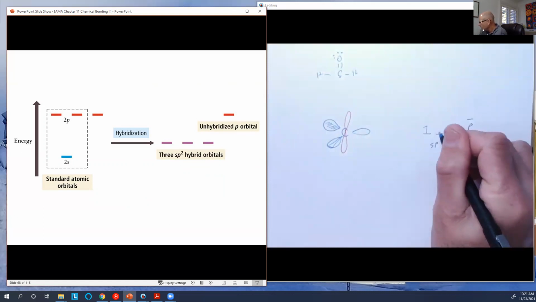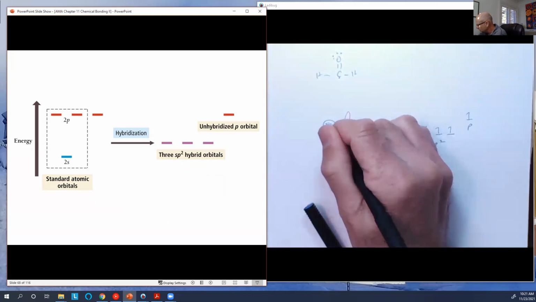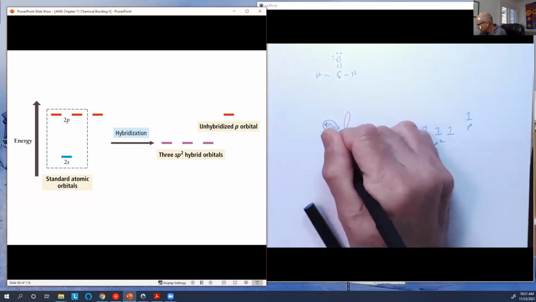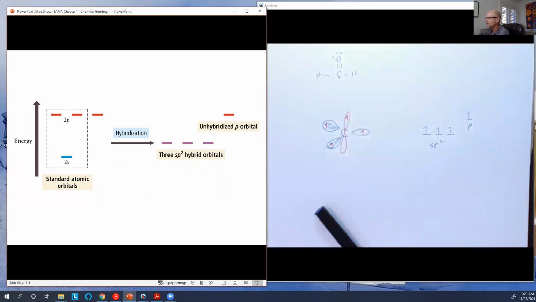The 4 electrons will be 1, 2, 3, 4. They're going to occupy it like that. So in other words, each of these orbitals has 1 electron. So notice that carbon can again form 1, 2, 3, 4 bonds. 3 bonds with the hybrid orbitals and 1 bond with the unhybridized orbital.